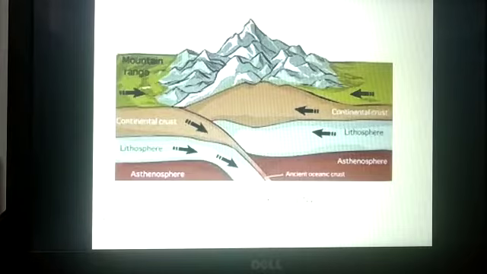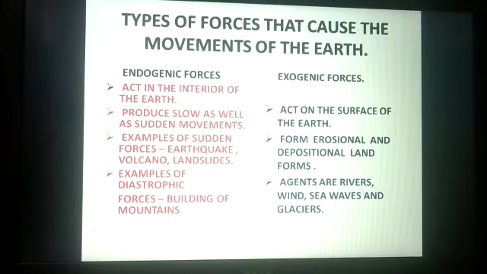As the cooled material sinks down, it is warmed and rises again. This makes the lithospheric plates move. So till now we have learned that the movement of these plates causes changes on the surface of the earth.